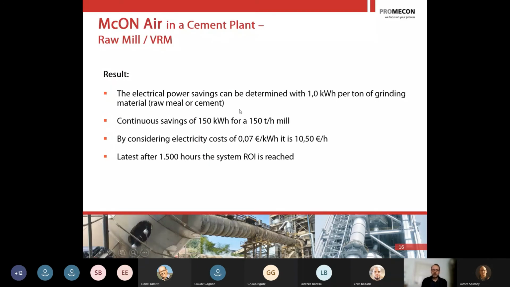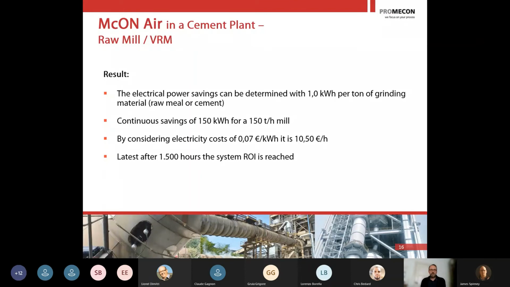The result could be, depending on your process, within 1 kilowatt hour per ton of grinding material. So you have around 150 kilowatt hours saved for a 150-ton mill.